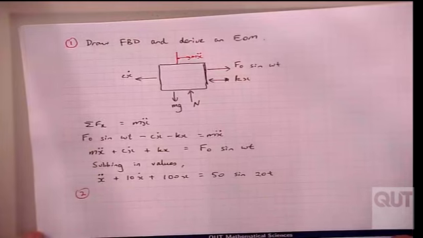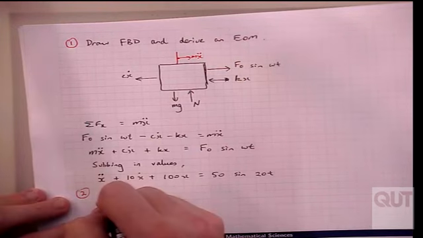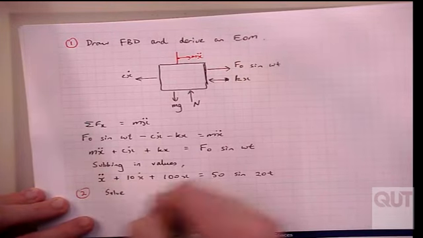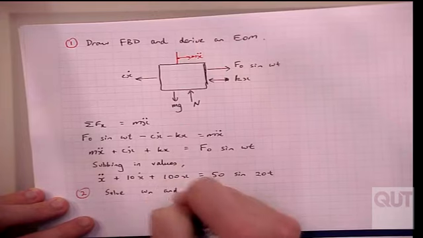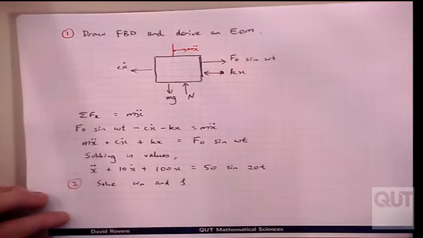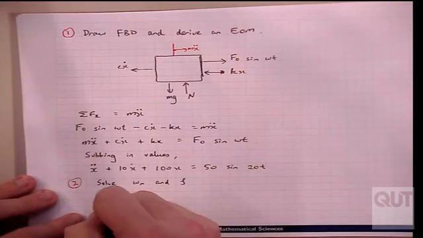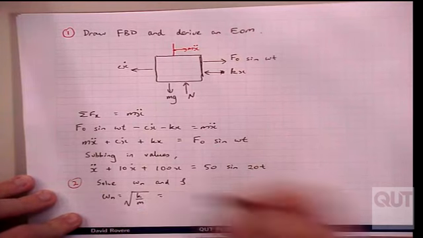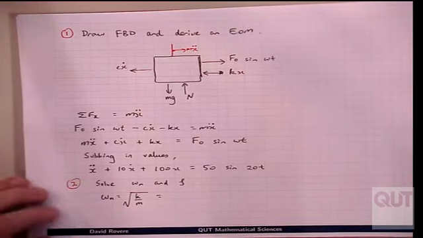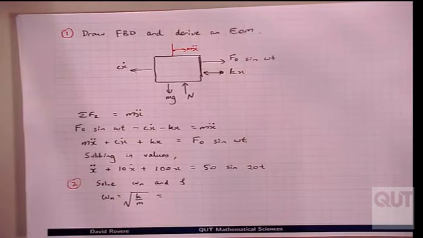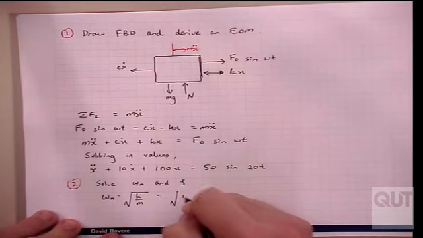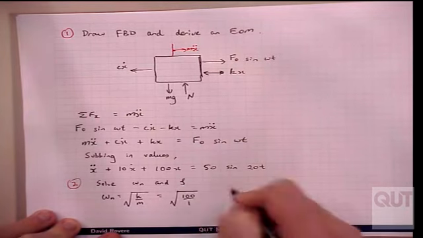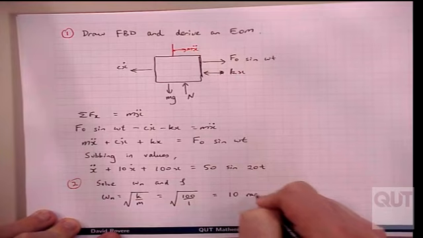Now, step 2 says to solve the damping ratio and the natural frequency for that problem. So remember, natural frequency is just the square root of k over m, which in this case is 10.